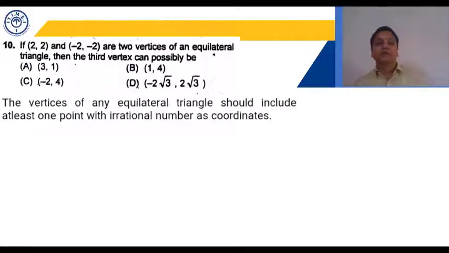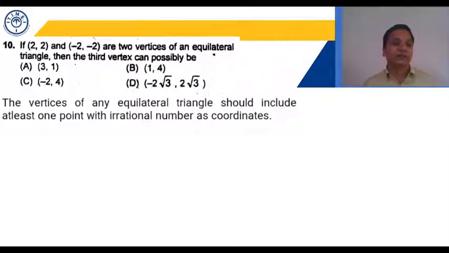If you remember this, just scan the options. That means the third vertex coordinates are irrational. (3, 1) not possible, both the coordinates are rational. (1, 4) not possible, both the coordinates are rational. (-2, 4) not possible, both the coordinates are rational. So it's option D, (-2, root 3), (2, root 3).